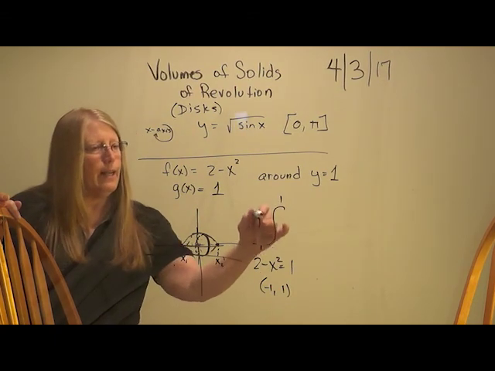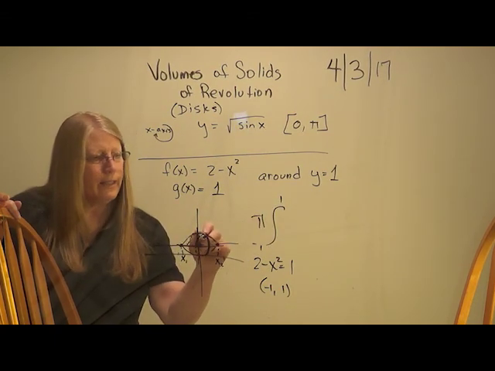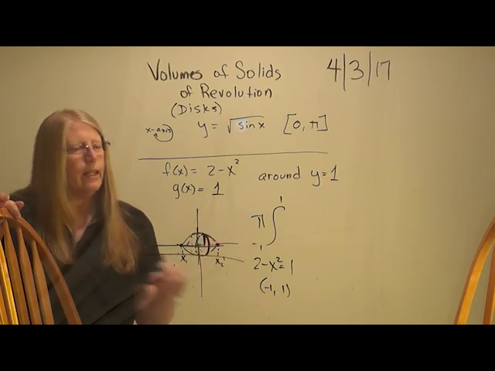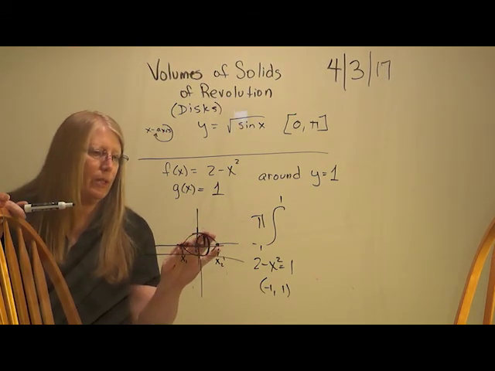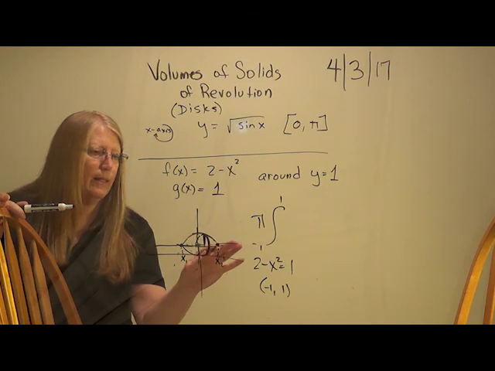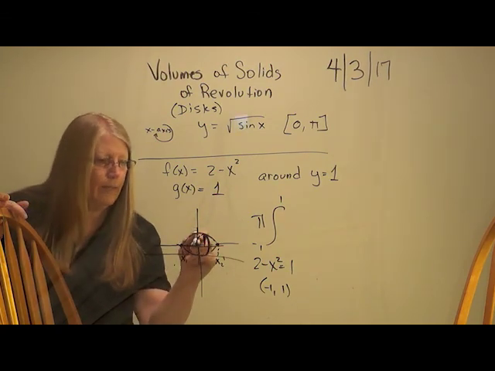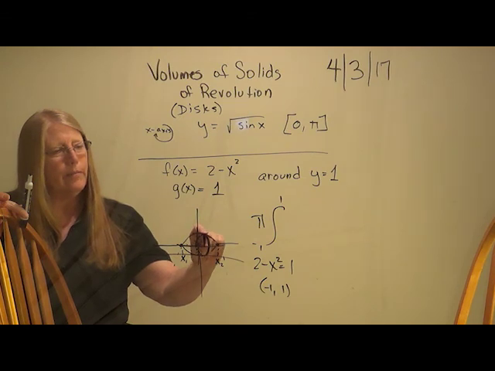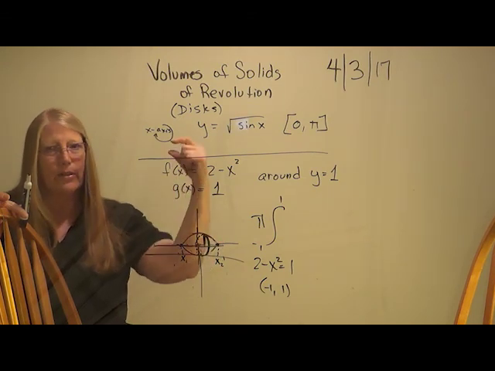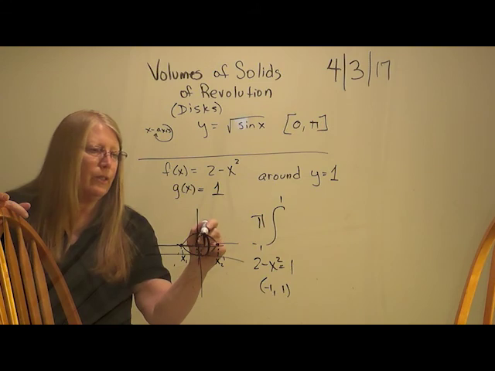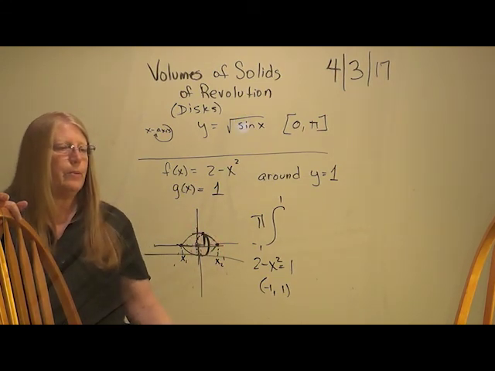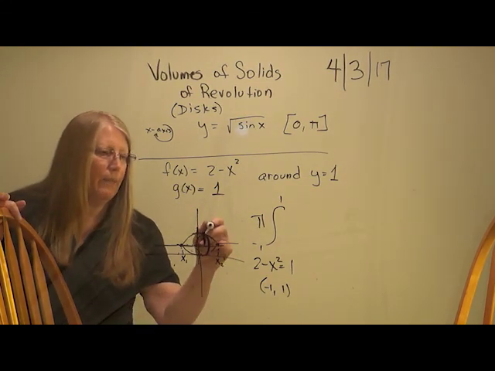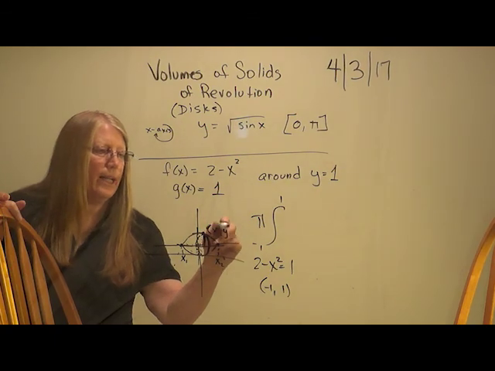And when we have pi, what's the radius of this disk that I've drawn? I hope it shows up. Alright, so the radius of 1 is right there. Is that an x or is that a y? It's associated with the point, always a point on the curve. So that point is x over and y up.